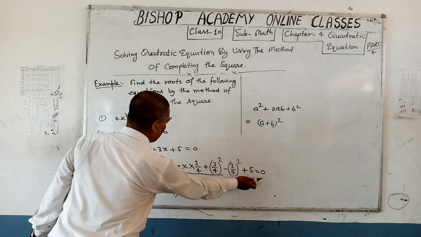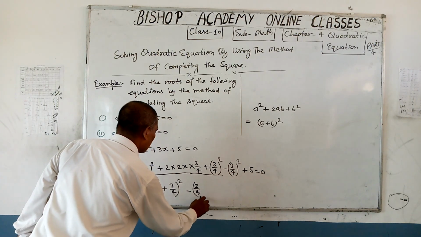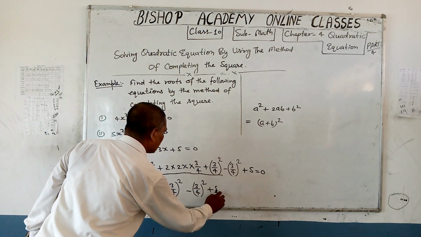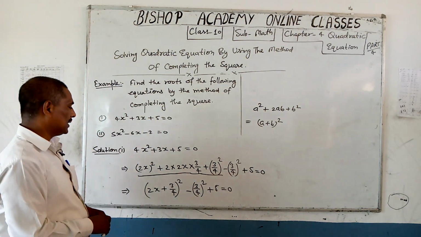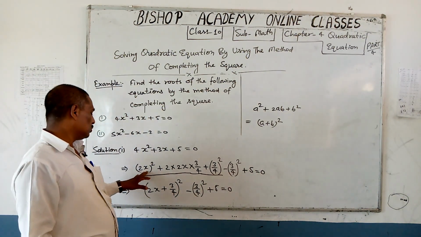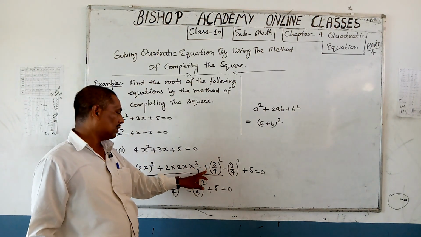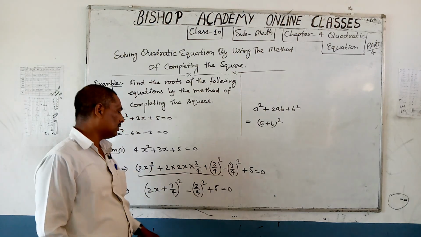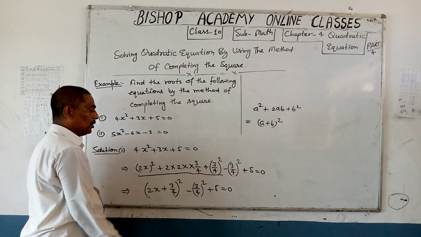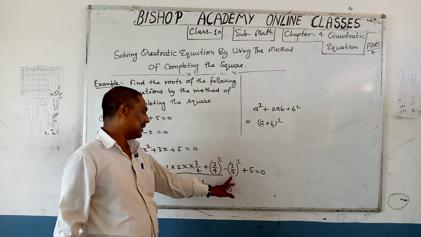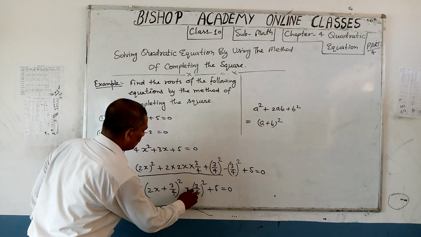And you will take down the remaining terms minus 3 upon 4 whole square plus 5 is equal to 0. Student, you saw that the expression is just equal to 2x plus 3 upon 4 whole square, and the remaining last two terms are taken down.